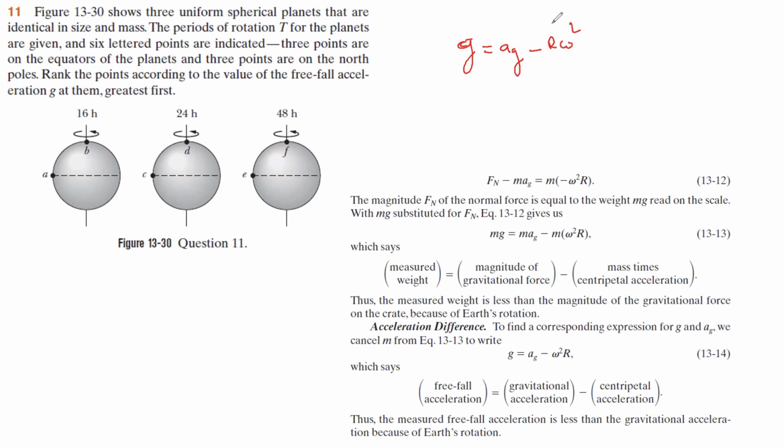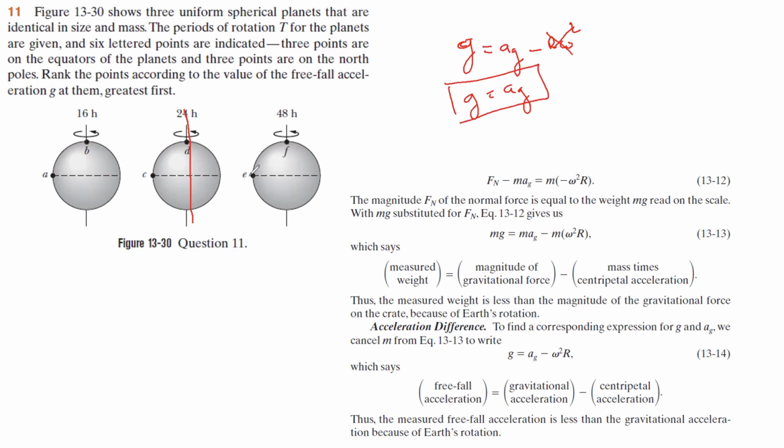r being the distance from the rotational axis. Okay. So when I'm at the pole, this r is 0. Basically, at the north pole or south pole, g is equal to g_g. There is no effect of the rotation on the free fall acceleration.